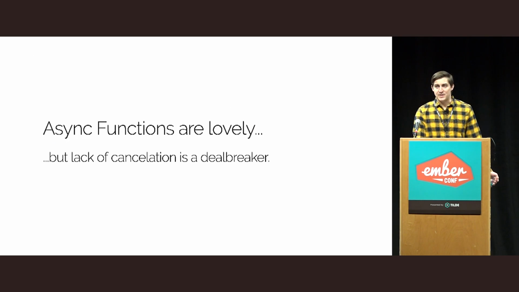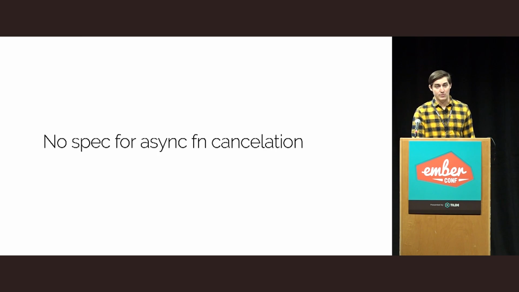They're lovely, but the fact that they can't be canceled is kind of a deal breaker, because it means the only way you can cancel is, at any place that there's an await, to add some logic after the await to see if you've been canceled. That's kind of the exact sort of defensive programming that you want to avoid.